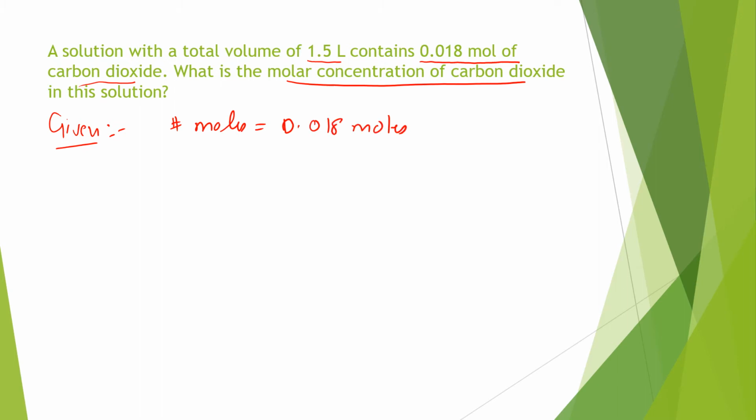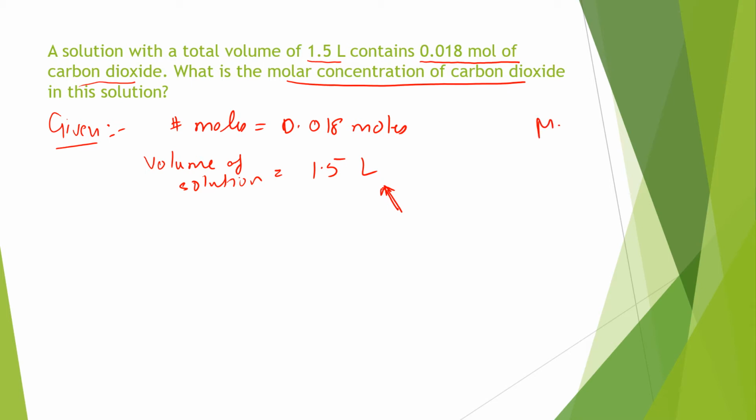Also, the volume of solution is given, 1.5 liters. We must make sure that the units are liters. If it's in milliliters, then first we need to convert milliliters to liters. Fortunately, in this problem, units are already given in liters.